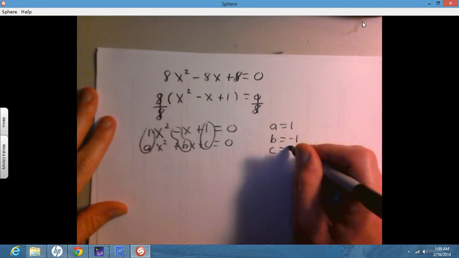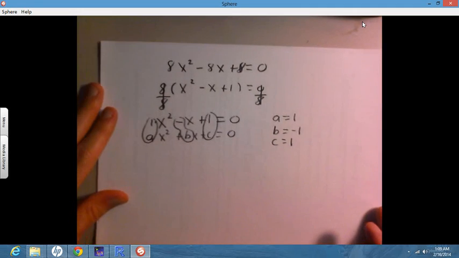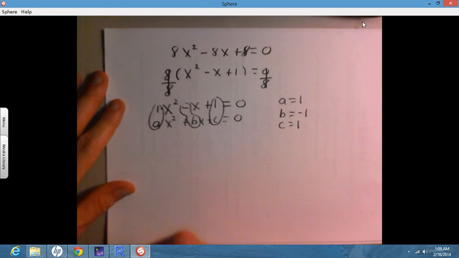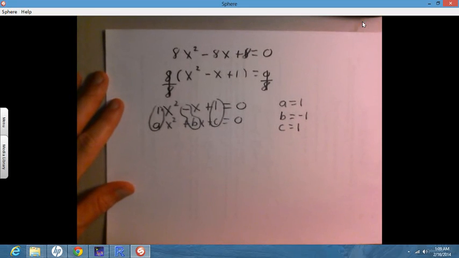Now the first thing I'll calculate is called the discriminant. The discriminant tells me if I have one real root, two real roots, or two imaginary roots. If the discriminant's negative, it's two imaginary. If it's real and positive, then I have two real roots. And if it's 0, then I have one real root.